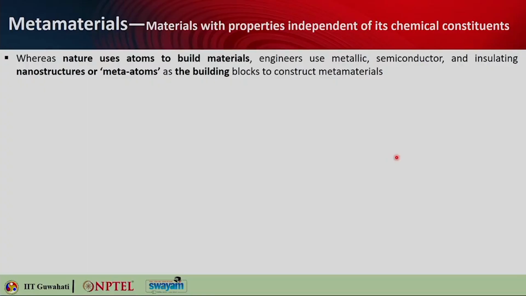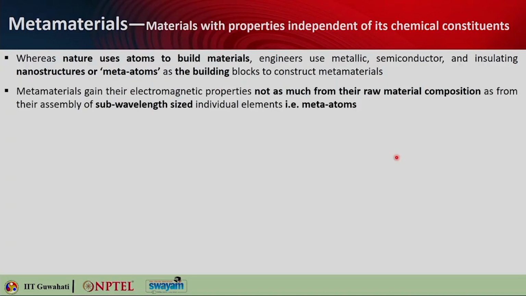As nature uses atoms to build any materials, engineers use metallic, semiconductor or insulating nanostructures in the form of meta atoms or unit cells to construct metamaterials. Now, this is the most important point. Metamaterials gain electromagnetic properties not as much from their raw material composition as from their assembly of sub-wavelength size individual elements, which are meta atoms.